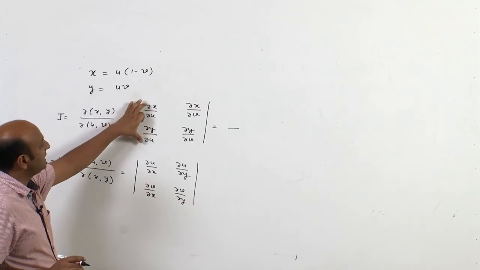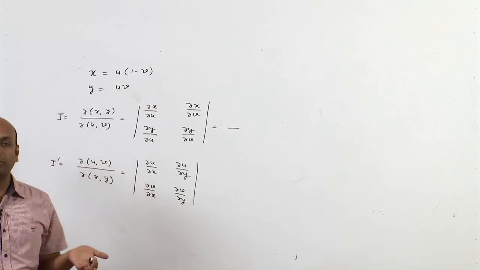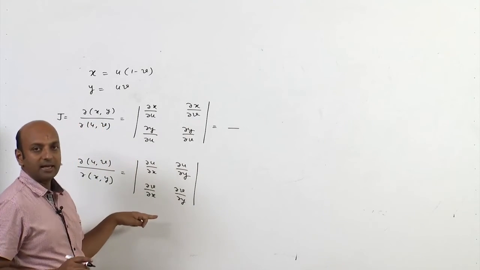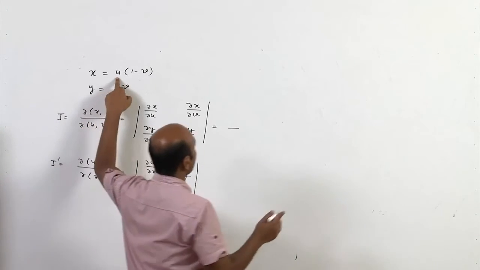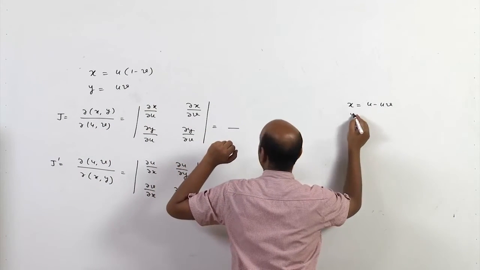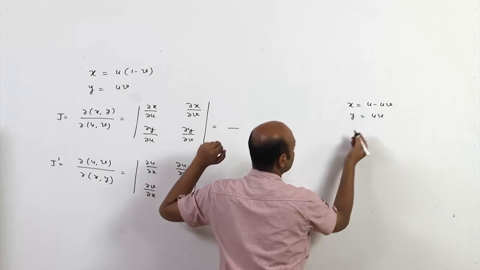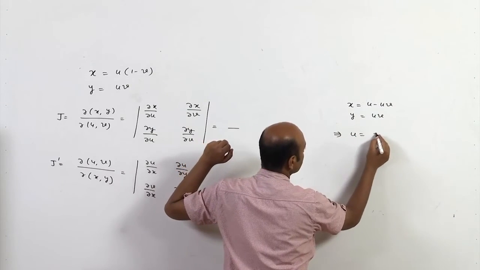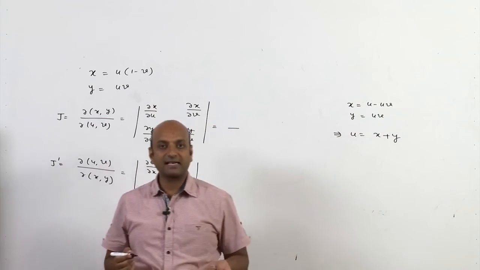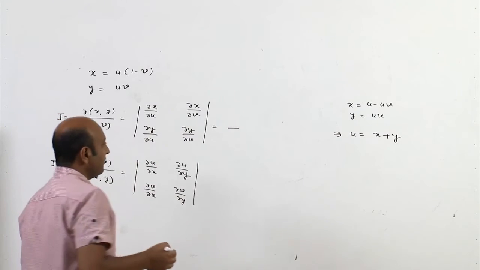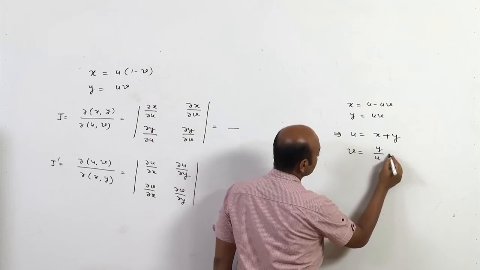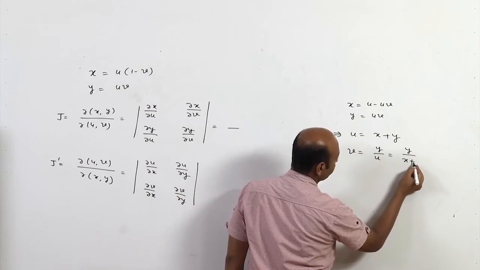For finding this expression there is no problem, but for j dash you have to first express u and v in terms of x and y. So, what is x? x is u minus uv and y is uv. When you add these two, u is equal to x plus y. So, u in terms of x and y is x plus y, and what will be v? v is y upon u, that is y upon x plus y.